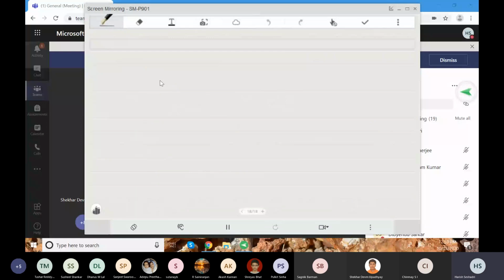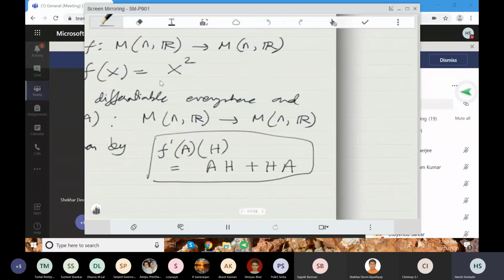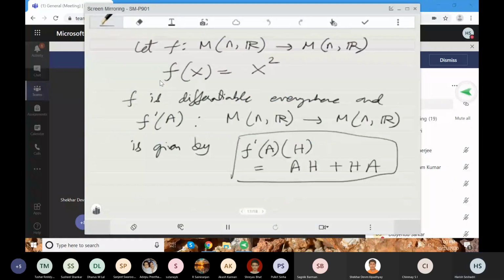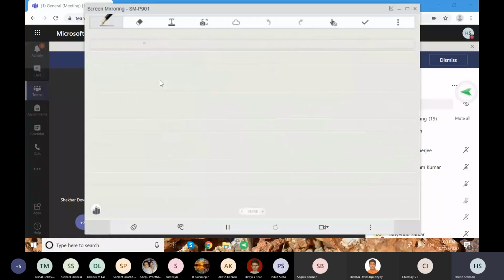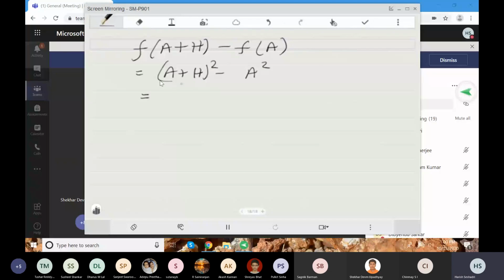So let's see why. By the way, here I wrote down the answer, but how did I get this? For that, let's calculate f of a plus h minus f of a. This is (a plus h) squared minus a squared. Now remember, this is matrix multiplication, so you have to be a bit careful.